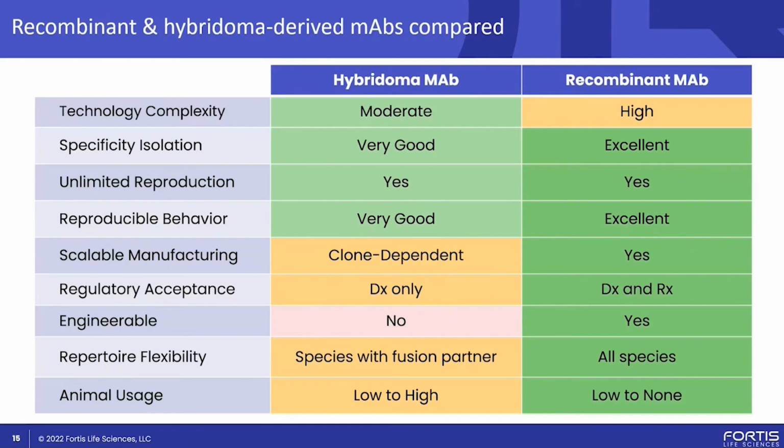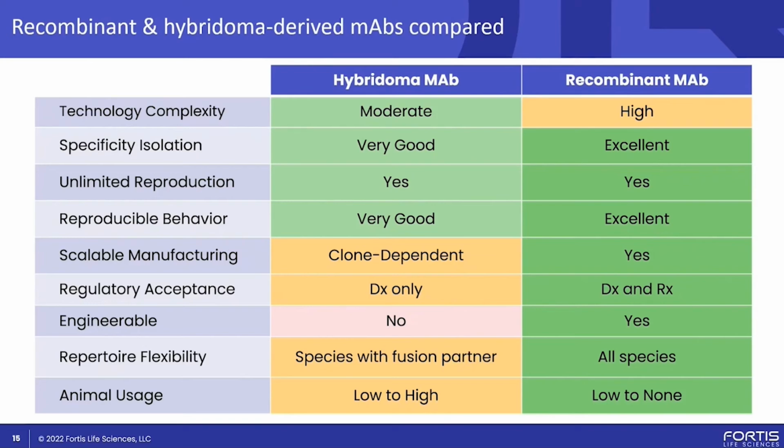So in terms of technology complexity, hybridoma is very well established. It's a fairly moderate complexity technology. Recombinant antibodies tend to require higher technology complexity to achieve. Specificity isolation is very good for hybridomas, even better for recombinants. We'll see that on the next few slides.